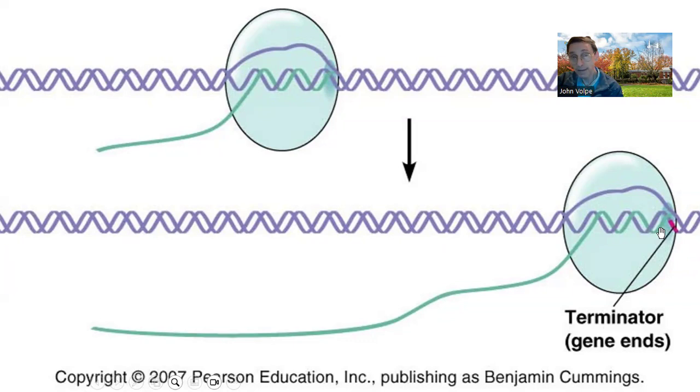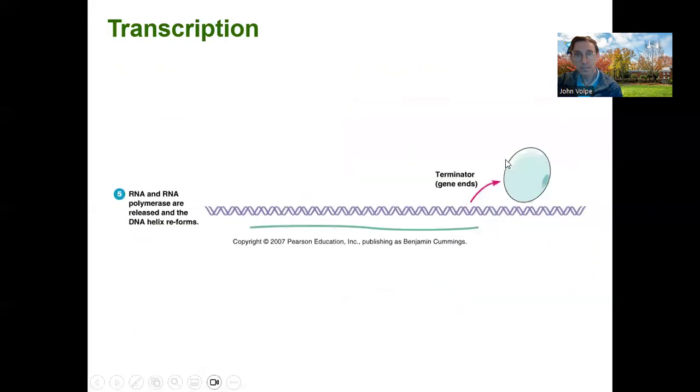The terminator is at the end of the gene. The terminator codes for the RNA polymerase to fall off. When the RNA polymerase falls off the DNA, that will release the RNA from the DNA, and then the DNA will snap back together. That is how transcription works. Any question about any of that?